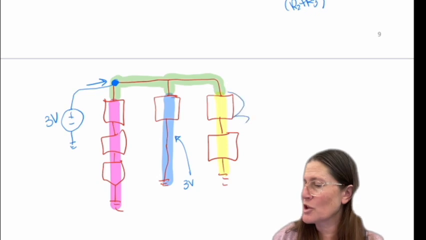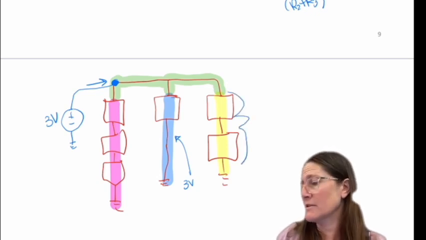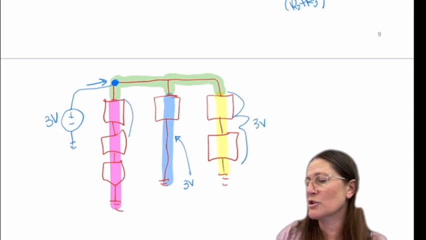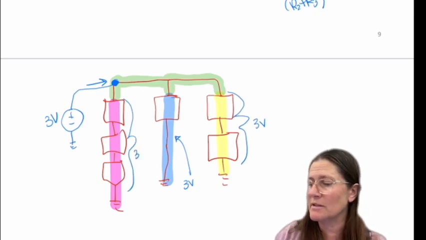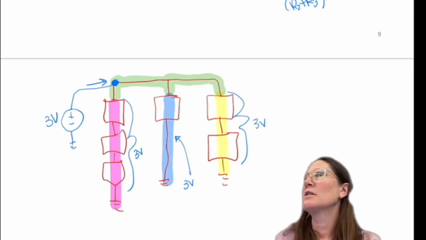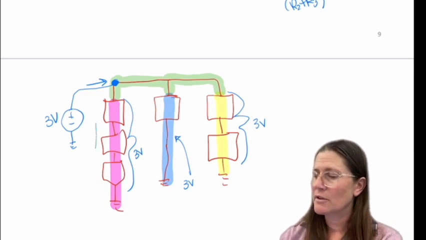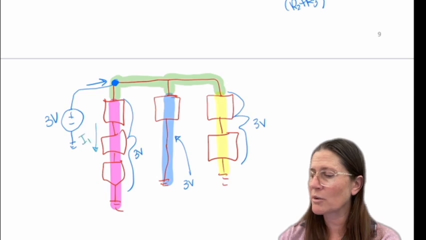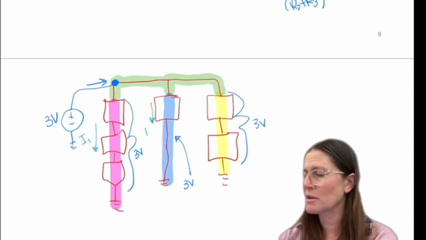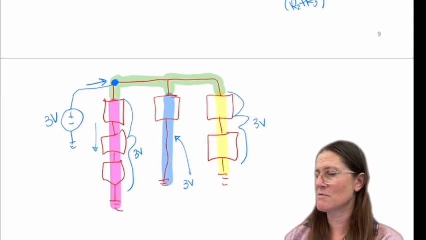The voltage across both these elements is 3 volts. And the voltage across all 3 of those elements is 3 volts. Then each of their currents is going to be different because these elements are different. So this will be one current, I1, going through all 3 elements.